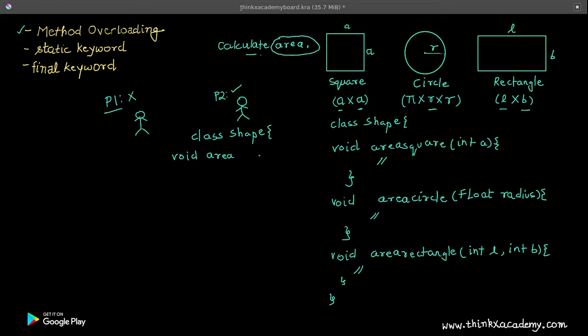Let's suppose you want to calculate the area of a square. You will write int a in this function, and then you will calculate the area of the square here. If you want to calculate the area of a circle, you will give the parameter float radius, I'm going to write it as r here, and then you will perform the calculation here.